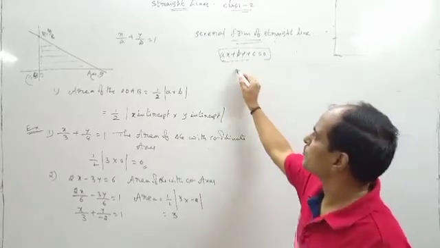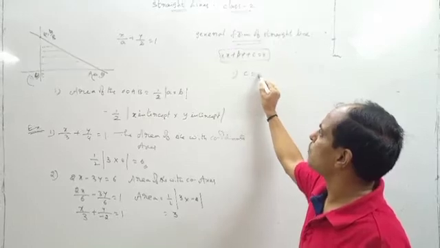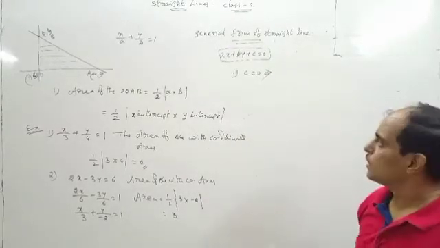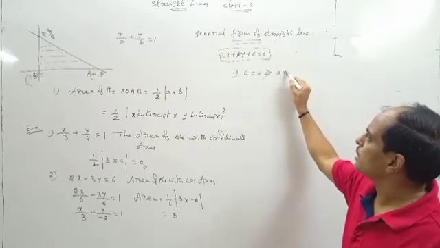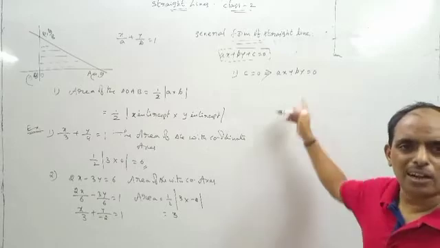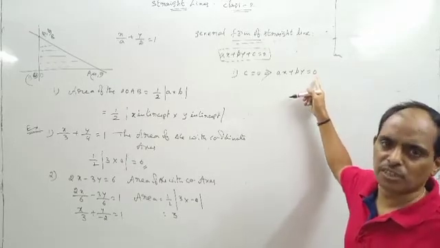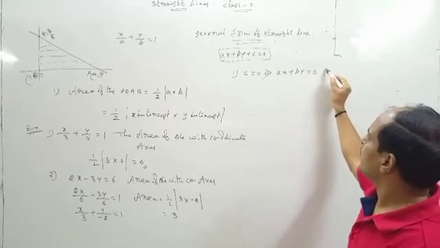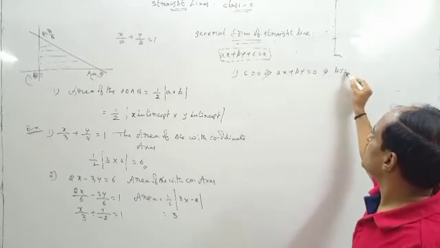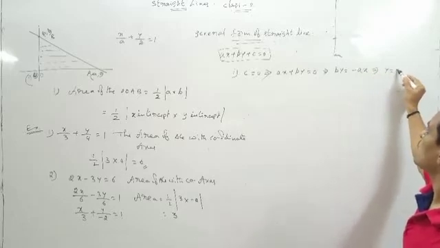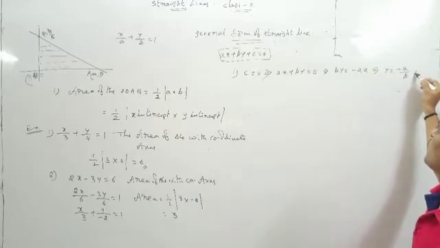First point. Suppose if c is equal to 0, what happens? If c is equal to 0, it is like ax plus by is equal to 0, and the constant is not there in the equation. You can write by is equal to minus ax, that implies y is equal to minus a by b x.